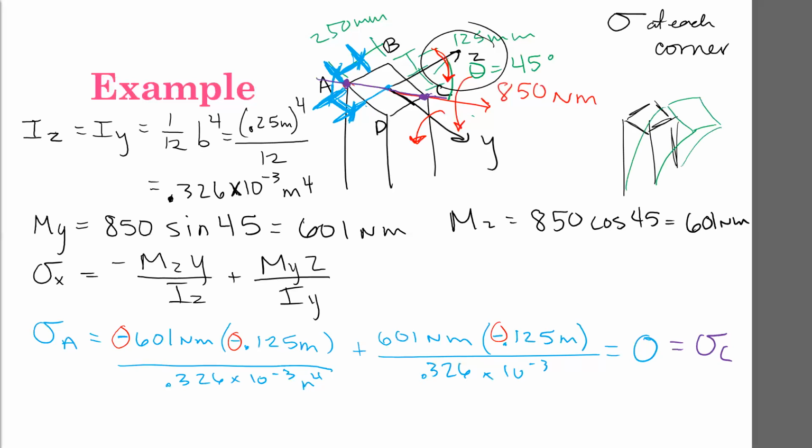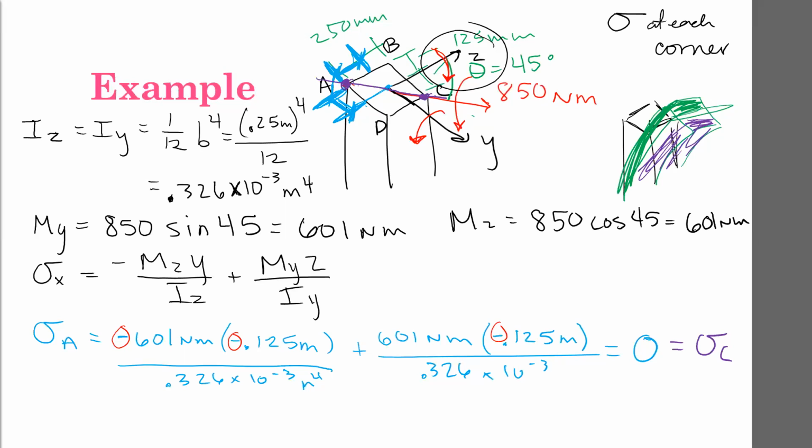Would you agree with that? So when it's curling like that, I have elongation over here. So this half should be positive stress because it's elongating. And then on the bottom, this part here should be contracting. So I know that I should get a positive stress at A due to that MZ. Thank you. Good. Thanks for asking. Anything else?